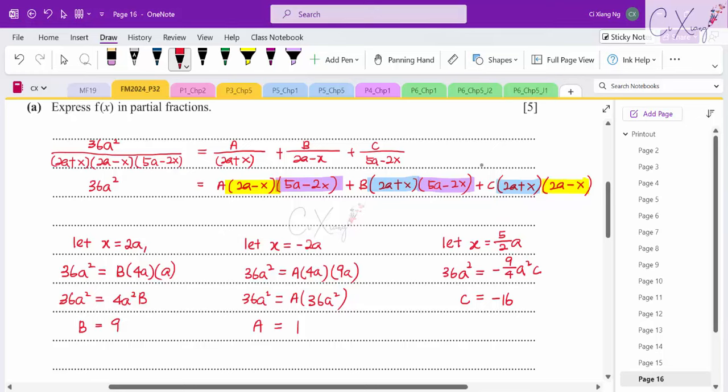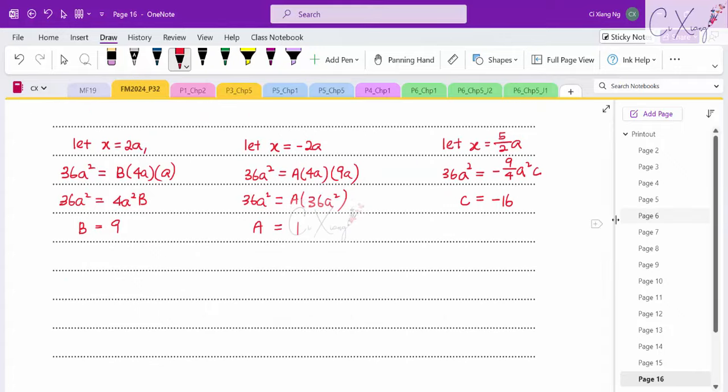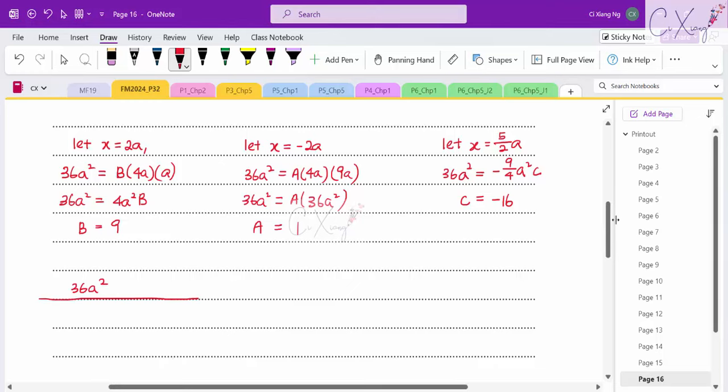Since you already successfully got all the values for a, b, and c, we can write out our partial fraction again. I'm having 36a squared divided by these three brackets, which are 2a plus x, 2a minus x, and also 5a minus 2x.